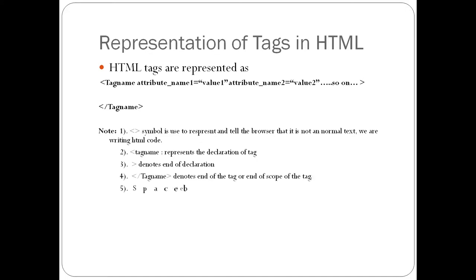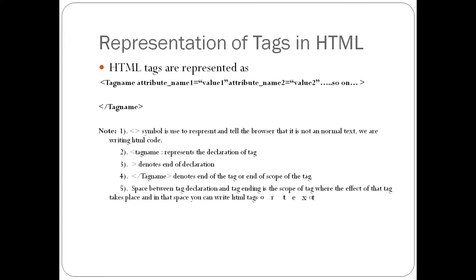And after that, you can see that we have written lesser than symbol, and then backslash and the tag name, and the greater than symbol denotes the end of the tag or the end of scope of this tag, that after this there will be no effect of this tag, as I already told you that these tags have actual meaning. So after closing this tag, there will be no effect of this tag.